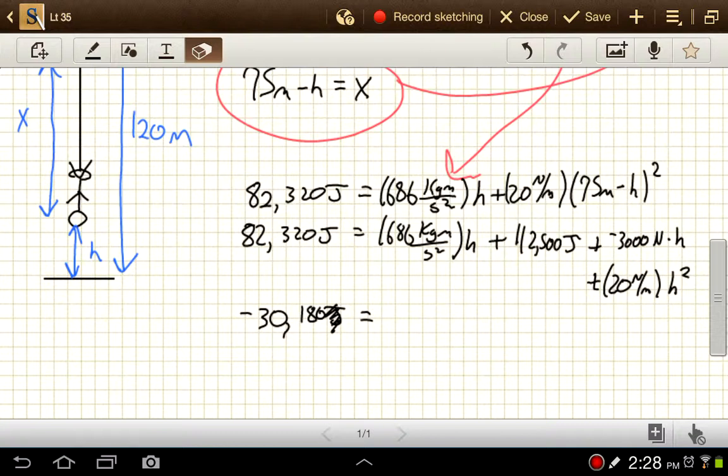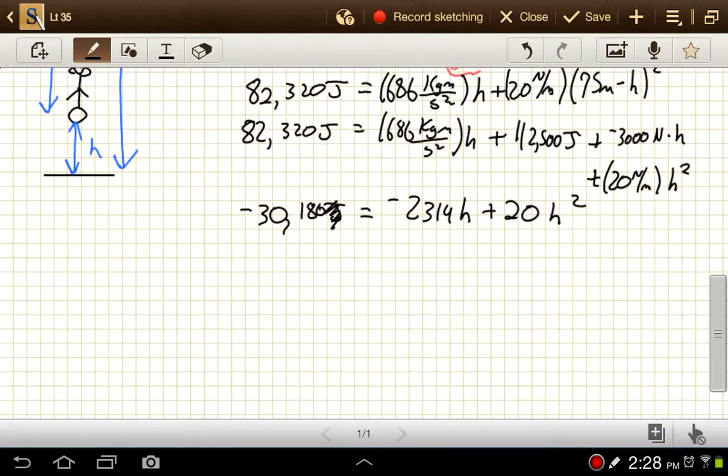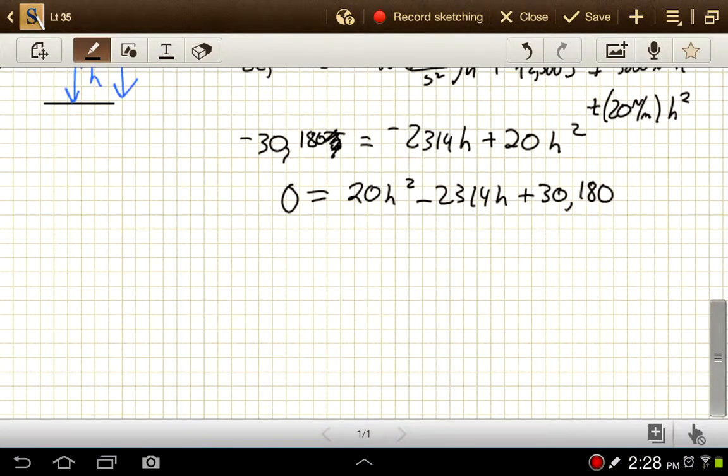So it's negative 2314 h, and then plus 20 h squared. Okay, so now I'll rearrange this. 0 equals 20 h squared minus 2314 h plus 30,180. All right, so it's a quadratic function.